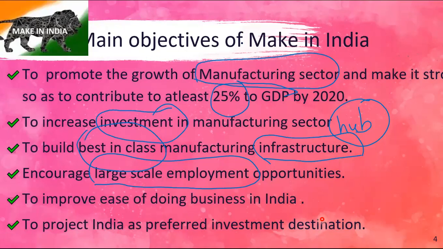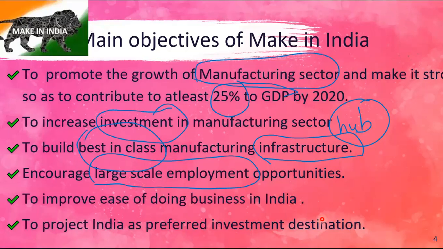You are 100% right. When government of India has started this Make in India movement, the big electronic giant has started their manufacturing unit in Noida. That is on the border of Delhi as well as UP.